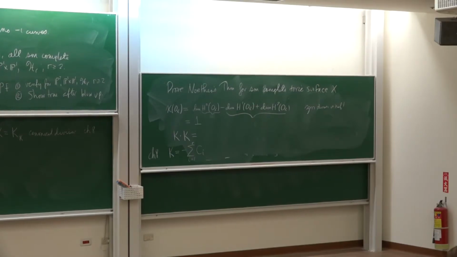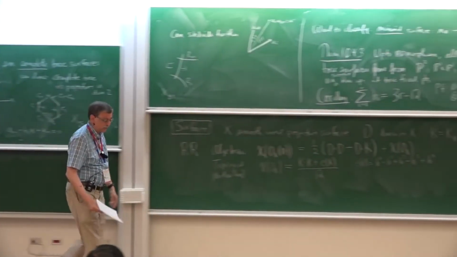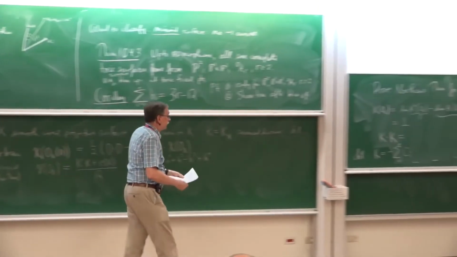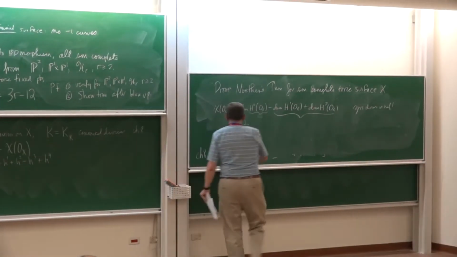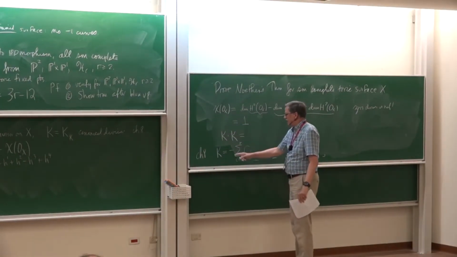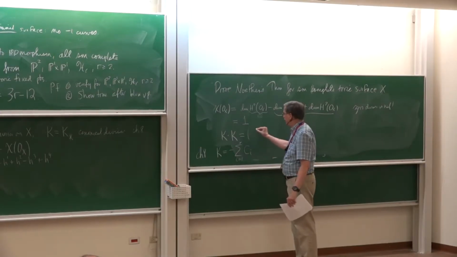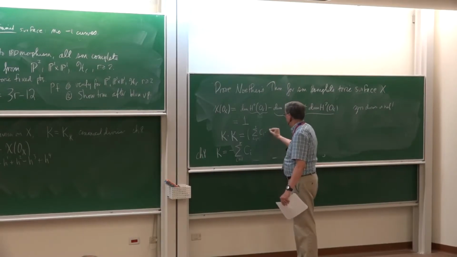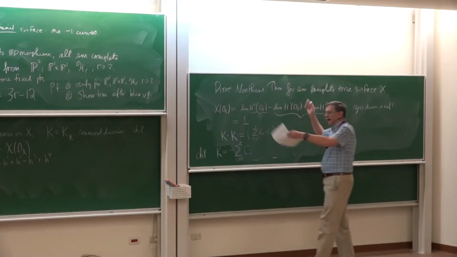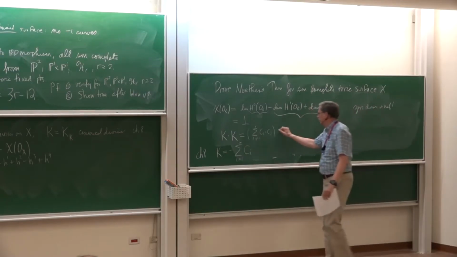These are the torus invariant divisors because they're on a surface. And so just minus the sum of them is the canonical divisor. And of course, when I take K intersect itself, the minus goes away. So I basically just get all possible intersections.